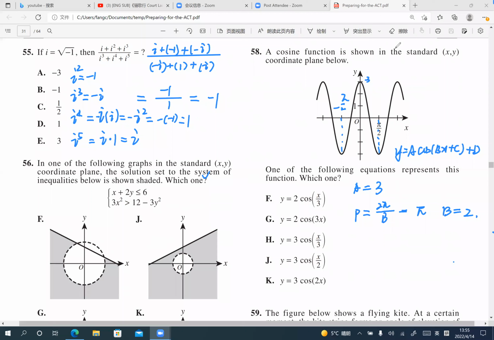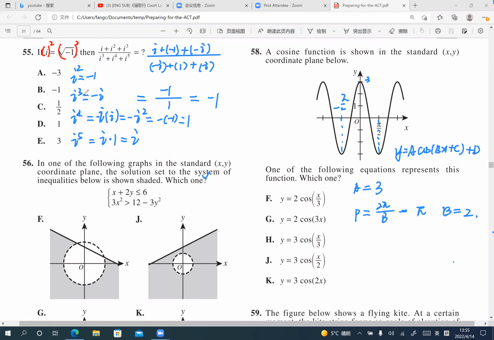Question 55. If i equals the square root of -1, then the expression equals what? Since i equals the square root of -1, i squared would be equal to the square root of -1 squared, which is equal to -1.